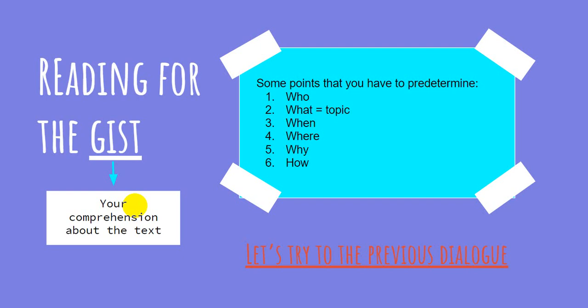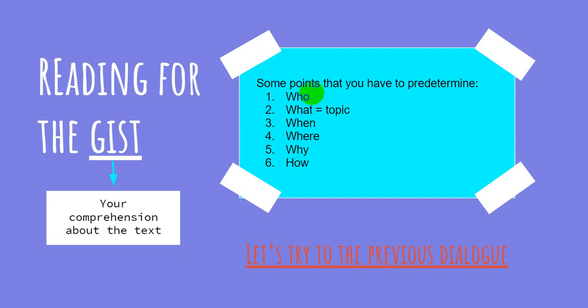Do you understand the content of the dialogue? Well, to measure your comprehension, there are some points that you have to predetermine, namely who, what, when, where, why, and how.